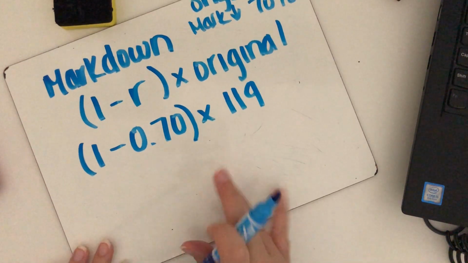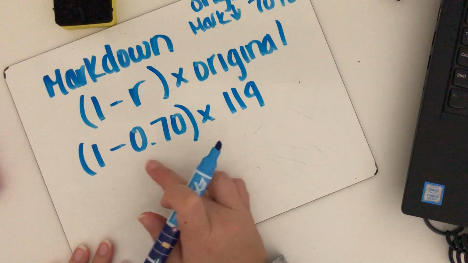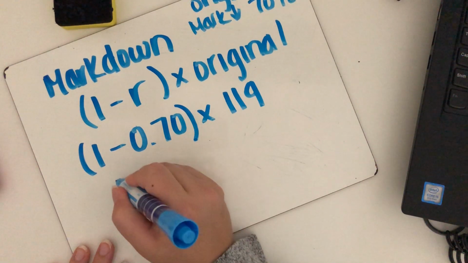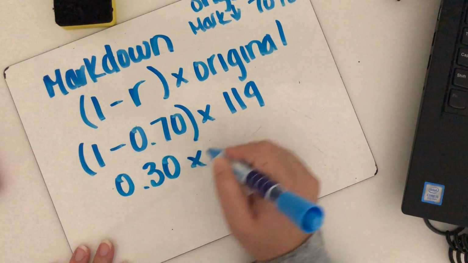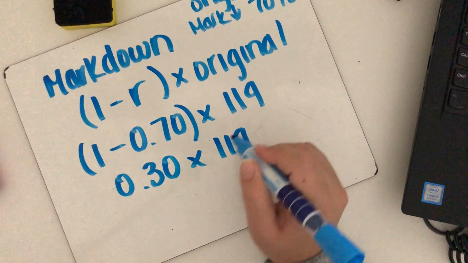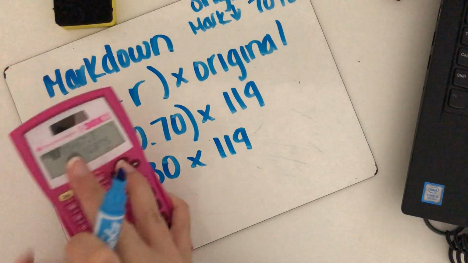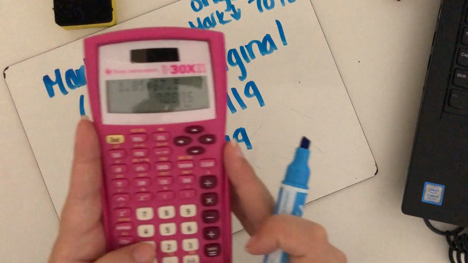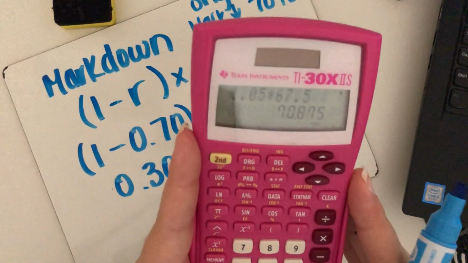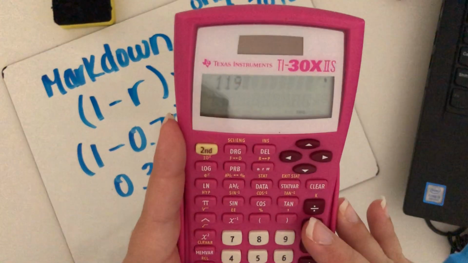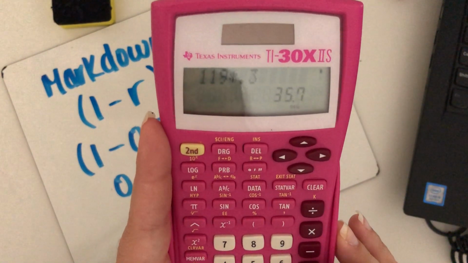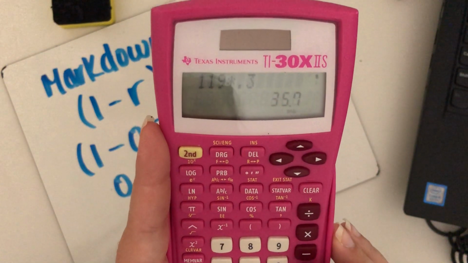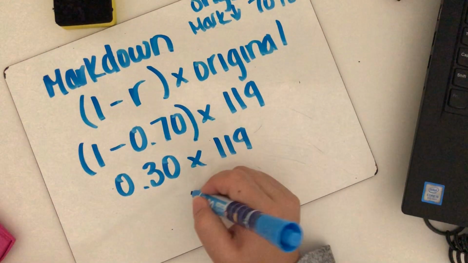Okay, so now I have 1 minus 0.70, which gives me 0.30. Then I'm going to multiply that by 119. Again, I'm going to use my calculator for it. Let me see if I can get it here for you guys to see. So 119 times 0.30 is going to give me $35.70.